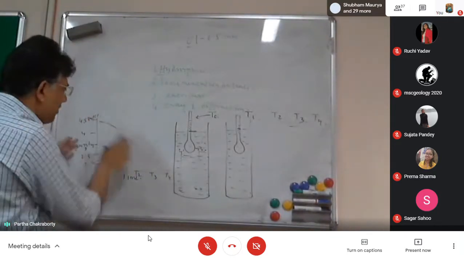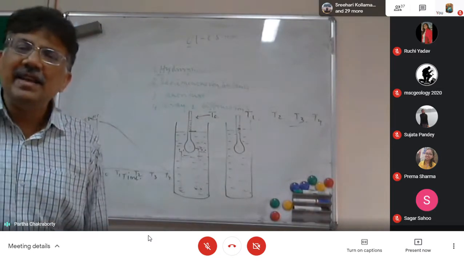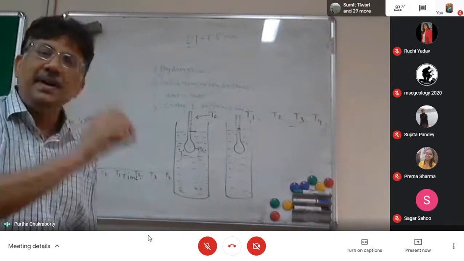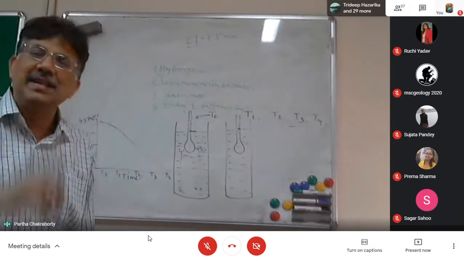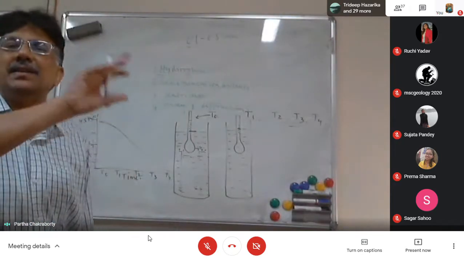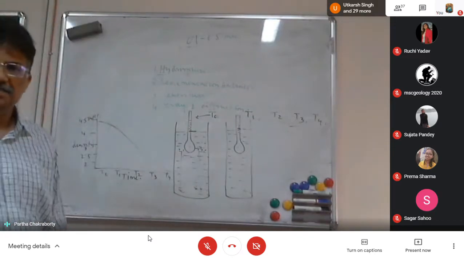This curve will tell you how the density is decreasing, and it will be representative of the grain size curve, because depending on the size, the different sizes are getting settled and decreasing the density of the fluid. That's why you are getting this curve, which is a replacement of the grain size curve.